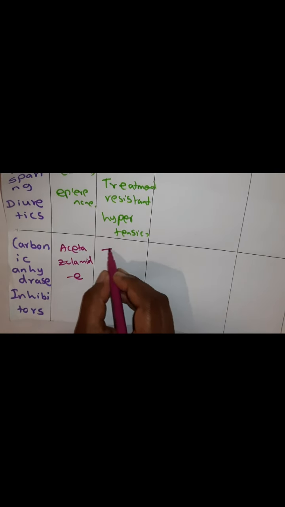The carbonic anhydrase inhibitor is acetazolamide. As we all know, acetazolamide is popular for the treatment of glaucoma.